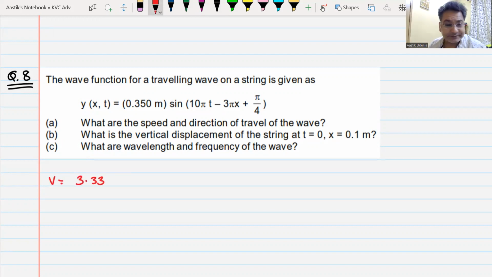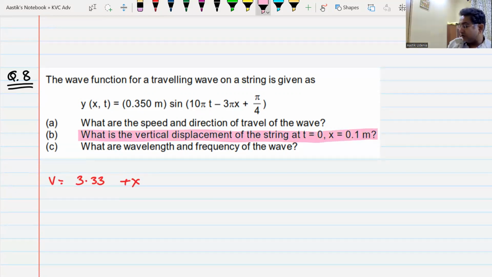Okay. What is the direction? Positive direction of x-axis. Positive x. What is the vertical displacement of the string at t equal to 0 and x equal to 0.1 meters? Minus 0.350 into sine of 9 degrees. Okay, so basically what you got to do is put t as 0 and x as 0.1. Yes or no? Yes, sir.